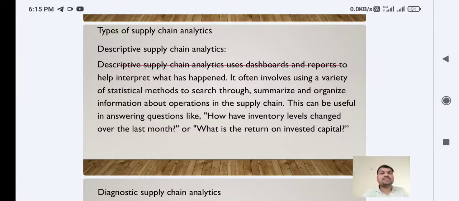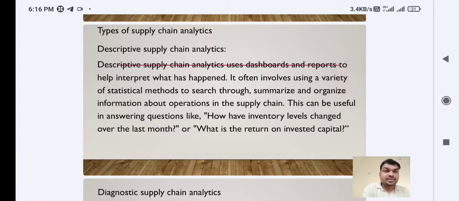So let us discuss descriptive supply chain analytics. In the definition, we see it summarizes and organizes information about operations in the supply chain. It means that different operations are carried out in different sectors of the supply chain, and we get descriptive information about the supply chain process.